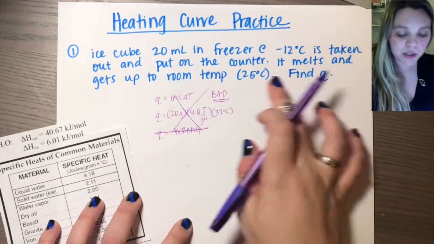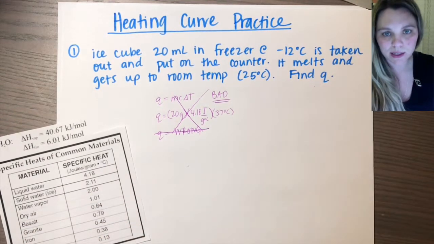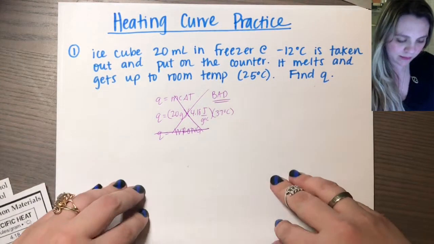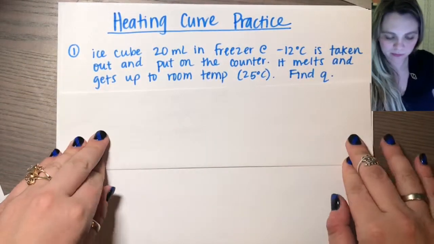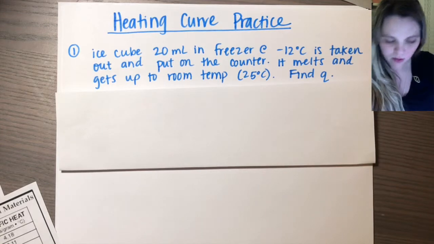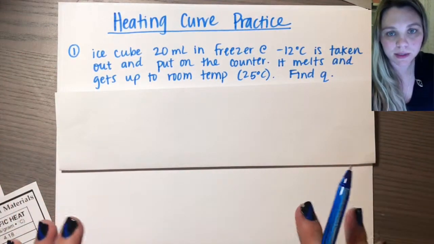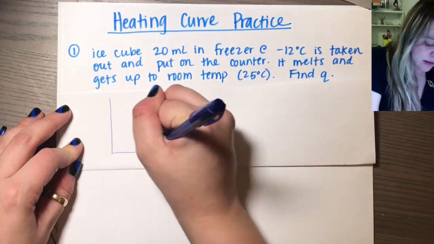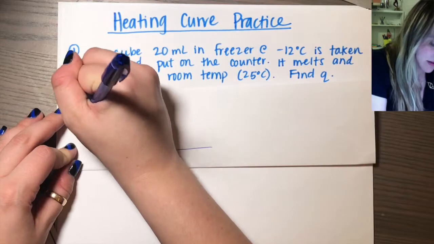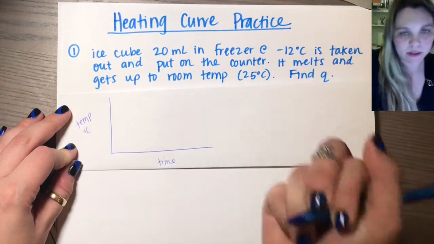So when you get a question like this, the first thing to do is to draw a heating curve, all right? Draw a heating curve specifically for this problem. I have my temp, always in degrees Celsius, over time.